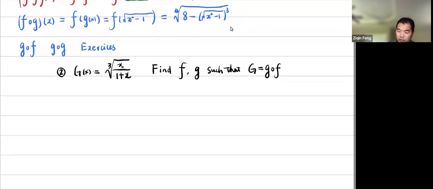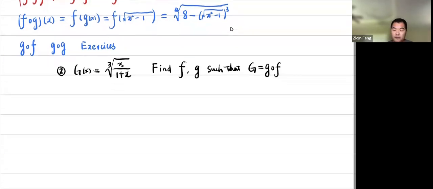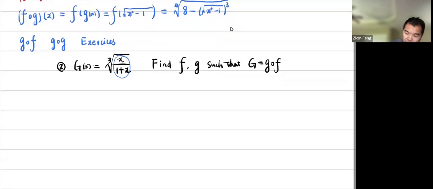So how do we do that? You start from inside. Look at what's the function closest to x. Clearly, a good choice for our inner function is f of x equal to x over 1 plus x.